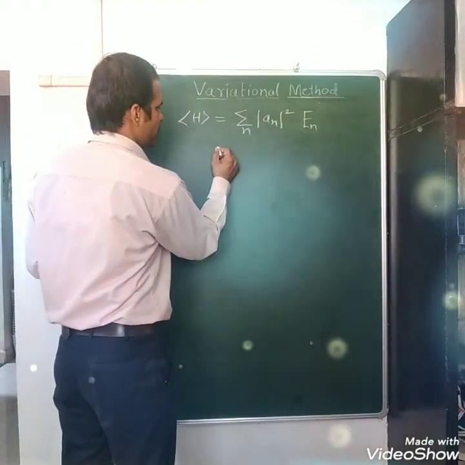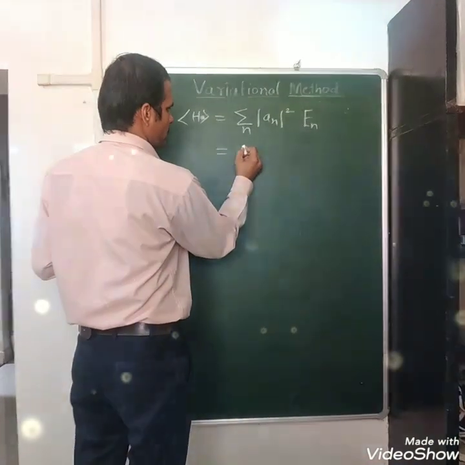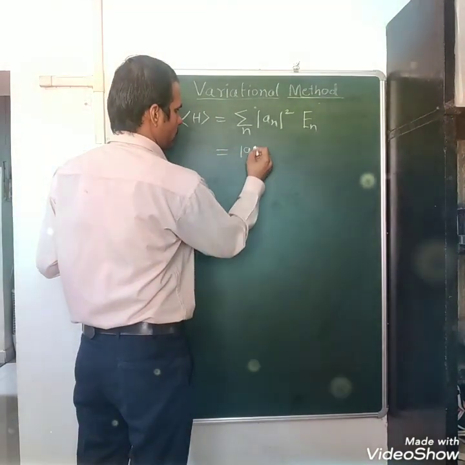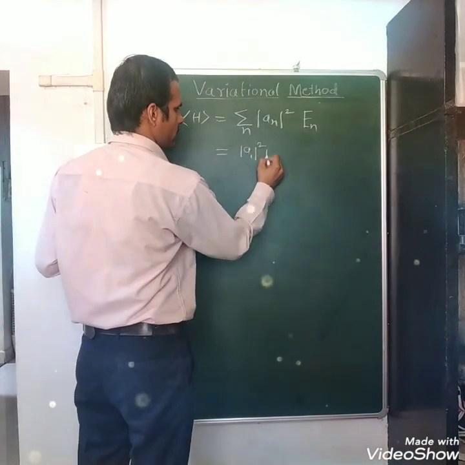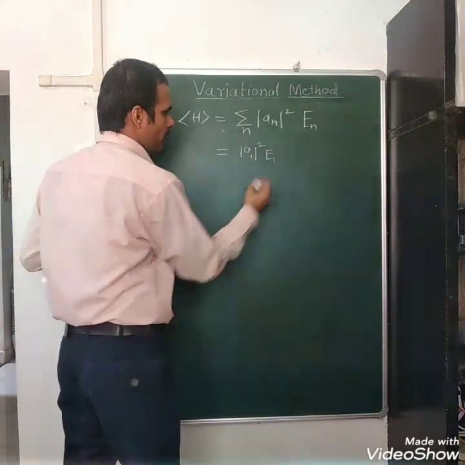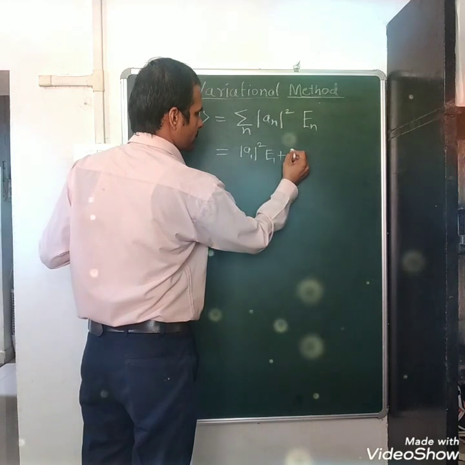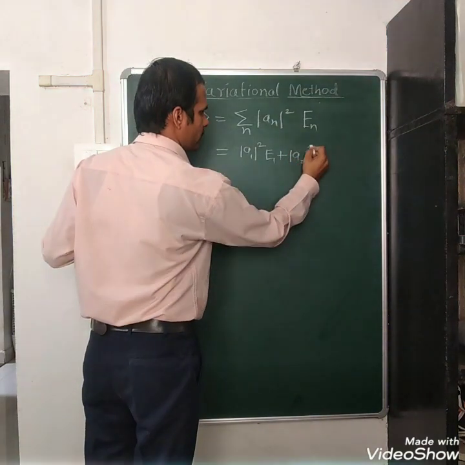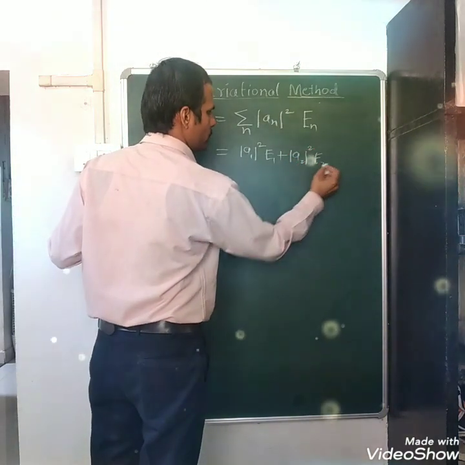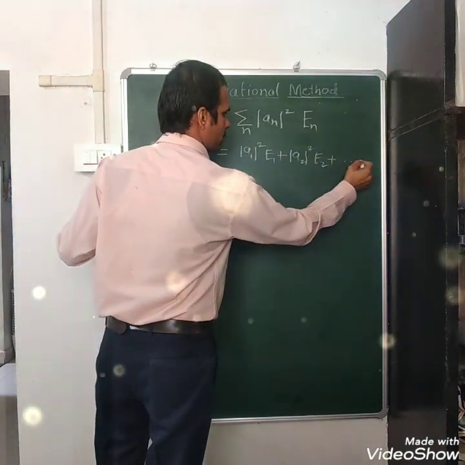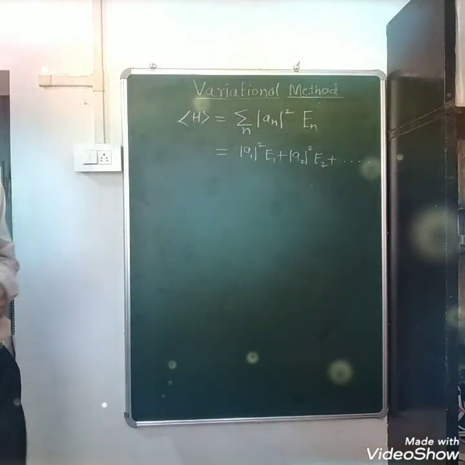So we can split it as a1 square e1 plus a2 square e2 plus so on up to n.